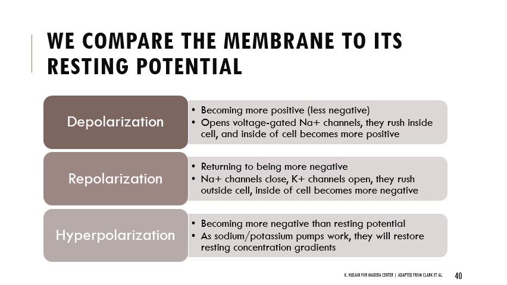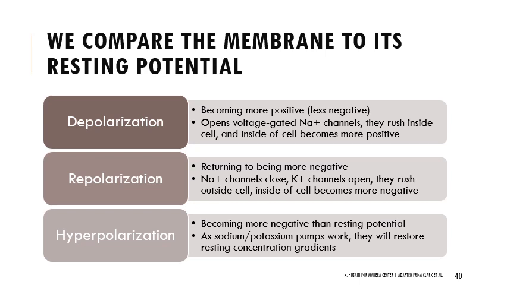But there is a peak that is reached, a certain voltage at which those voltage-gated channels close, and you have repolarization, which is returning to being more negative, returning to having these strong concentration gradients across the cell membrane. The sodium channels close, the potassium channels open, and those potassium ions rush outside of the cell, and the inside of the cell becomes more negative.